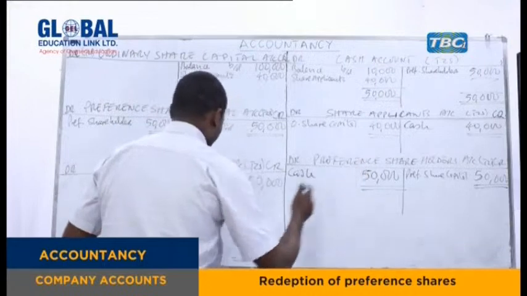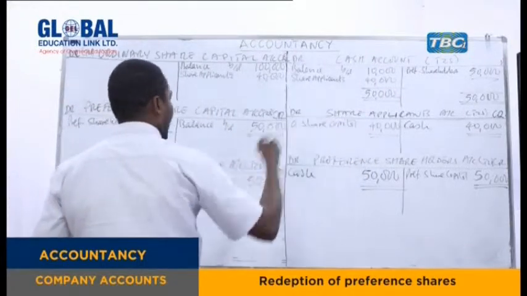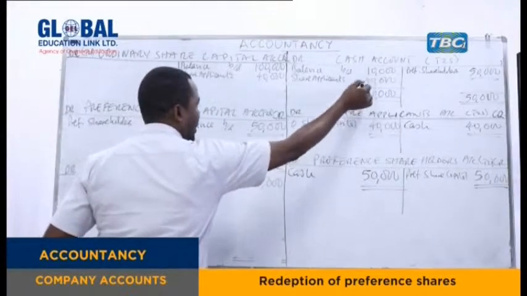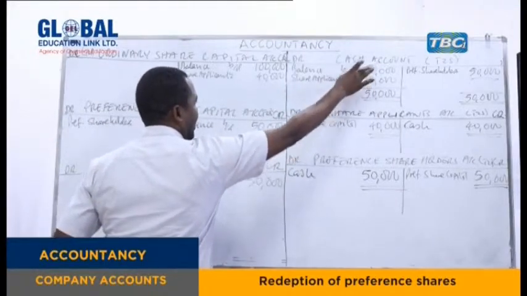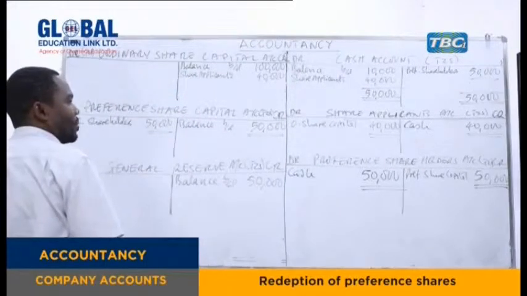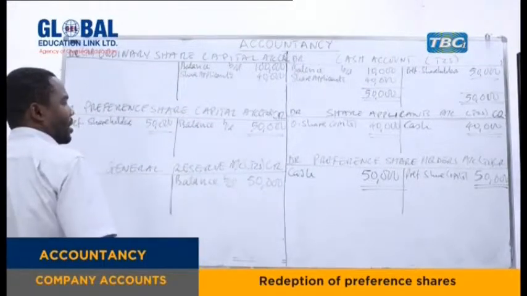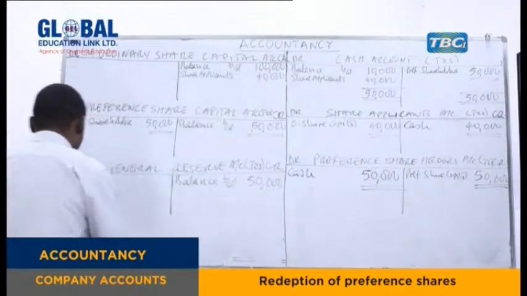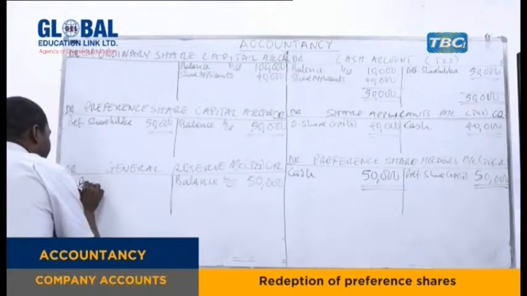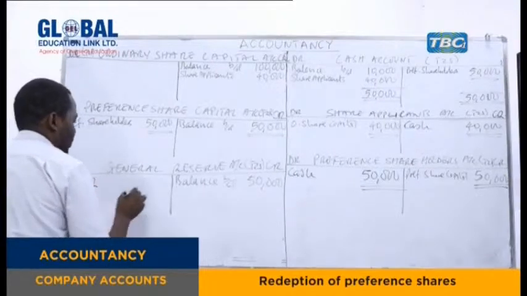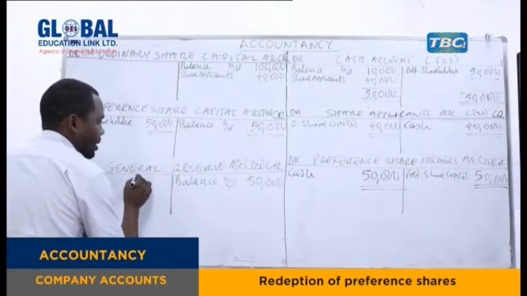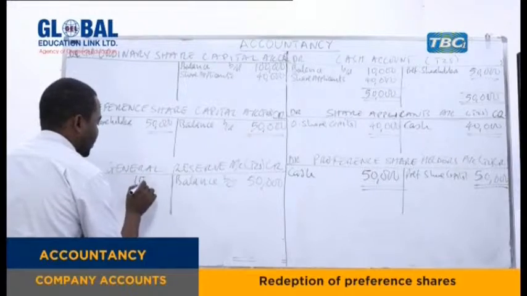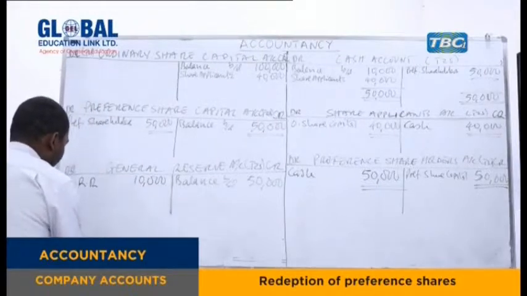Now, we need to set aside to CRR the difference between the amount received from external sources and the nominal value of paid up preference shares of the redeemed preference shares, and that will be 10,000. So we credit to CRR. How much? This is, yes, 10,000. Okay.